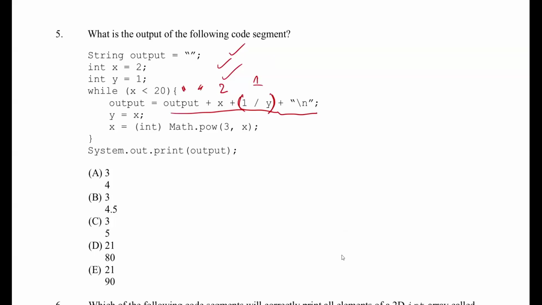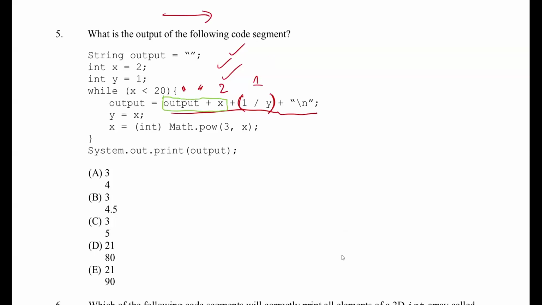So I'm sorry, 2 and 1 will not add first. Every code needs to be done from left to right. So output and 1 will be done first before you do other things.